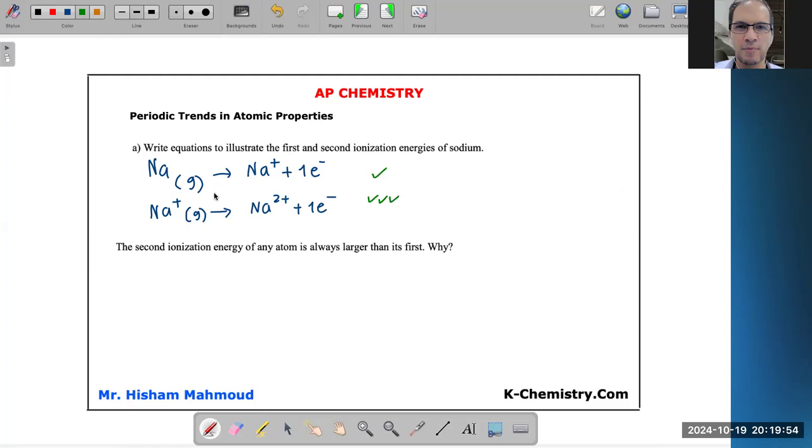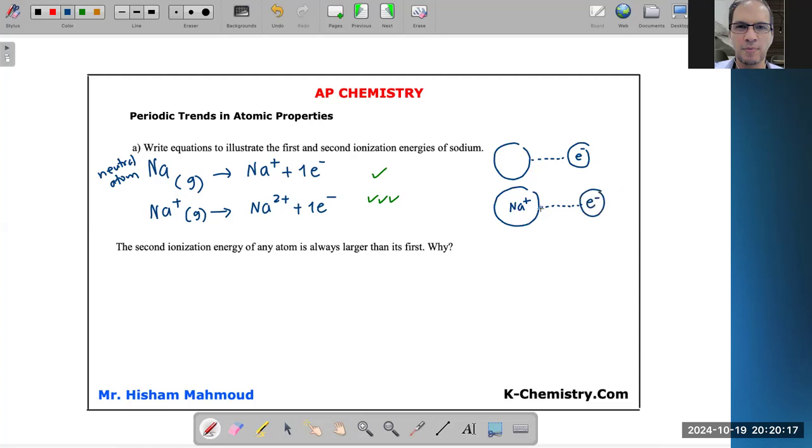The reason for that is that I'm removing the electron from a positive ion. الأول, when you removed an electron from something here, it was a neutral atom. So the attraction between this neutral atom and the electron is not that much. بينما لما تيجي تشيل من هنا, you will remove it from a positive ion. So here this is a positive ion, Na plus, and electron.